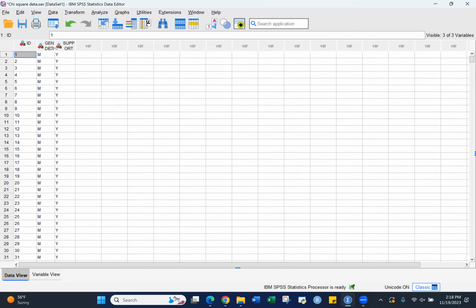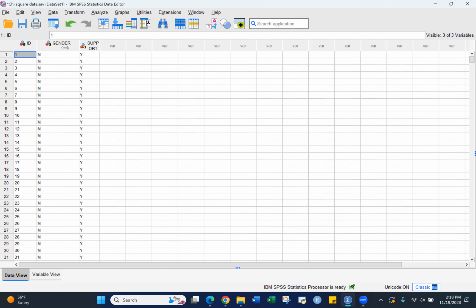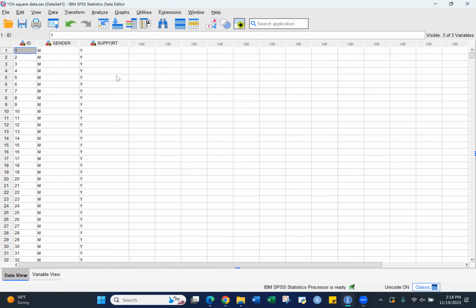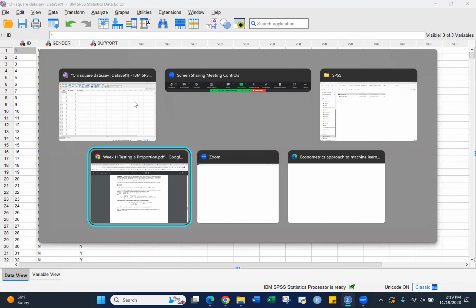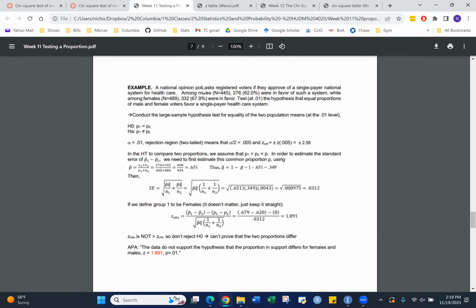There's ID, there's gender, and then there's support. So if you read the prompt, basically what we were interested in comparing here is between males and females. Did they support a single payer national system for healthcare? And we can see that 67.9% of women were in favor, while only 62% of males were in favor of such a system. The question is, is that difference in proportions statistically significant?